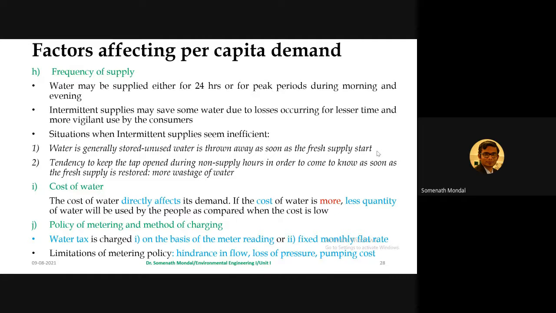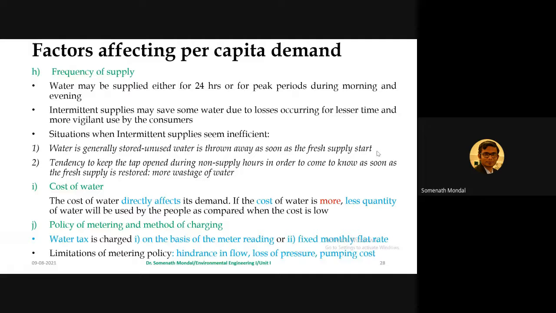And what happens is often water goes on flowing unattended and uninterrupted even after supply has been restored, and because of that a huge amount of water goes in wastage. So that also needs to be kept in mind, and all these activities or malpractices, you can say, have an influence on the overall per capita demand.